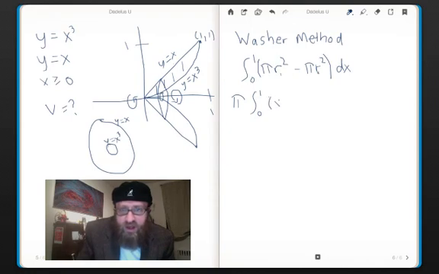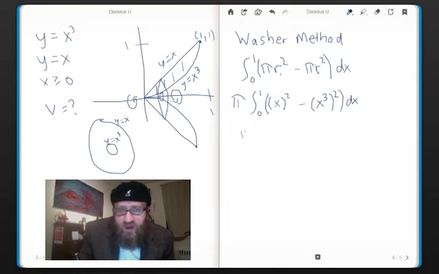So we have x for the r squared. I factored the pi out from both of them. Of course, you can factor constants out in front of integrals, one of the nice parts of integrals. And the inner radius is that other curve, x to the third, which we have to square. All of this is times that infinitesimal dx, of which we need to take the integral.